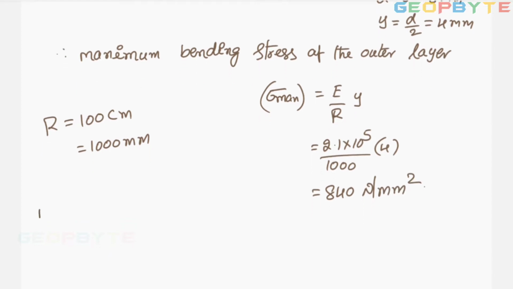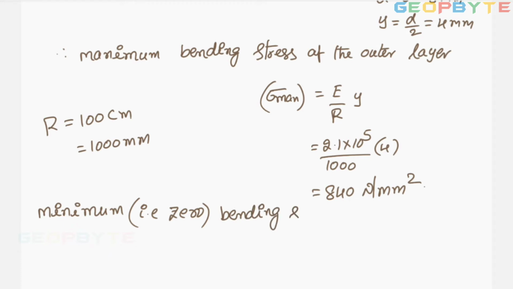Minimum stress, that is 0 stress. Minimum or 0 bending stress is found at the neutral axis.